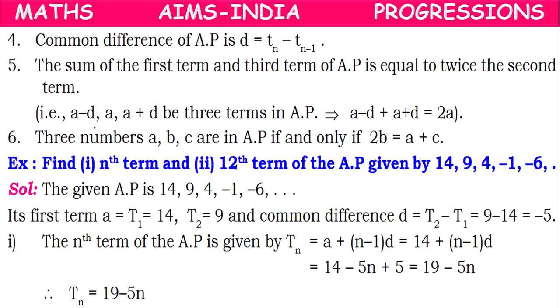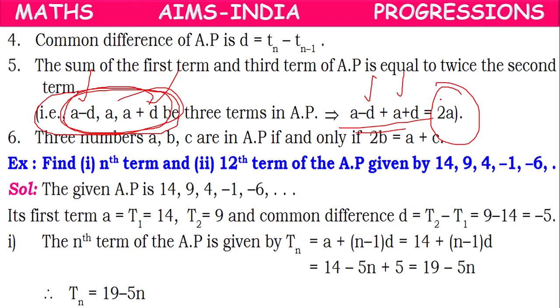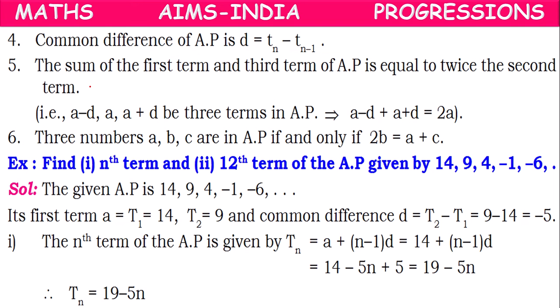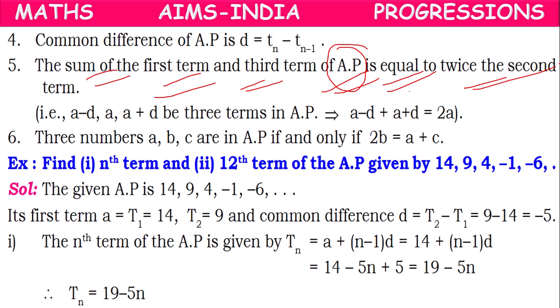If these are the first three consecutive terms of an AP, then the sum of the first term and third term, (a - d) + (a + d), is equal to 2a, which means twice the second term. So the sum of the first term and third term of an AP is always equal to twice the second term.